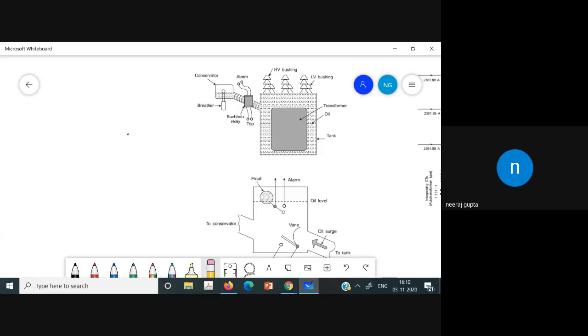This relay is actually used for incipient faults. So what are incipient faults?